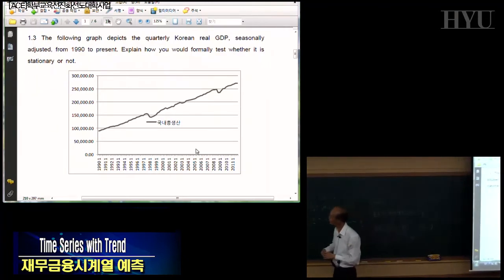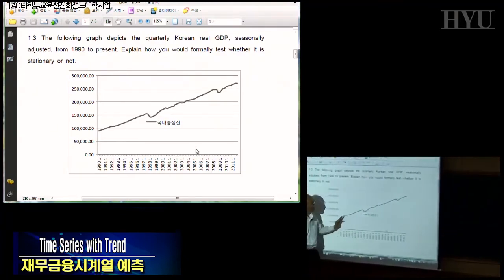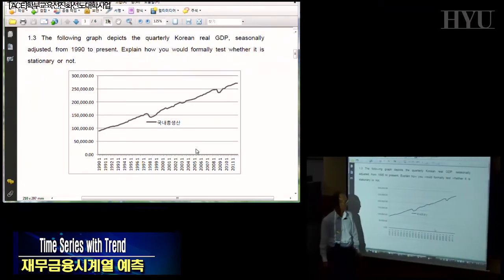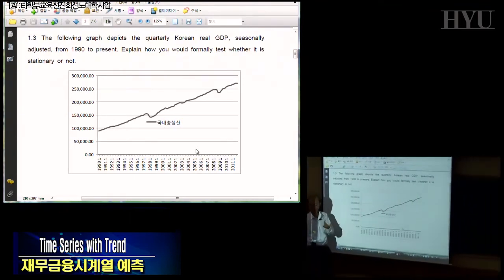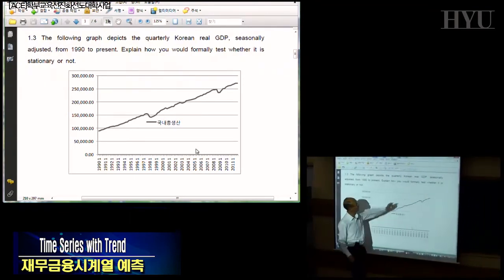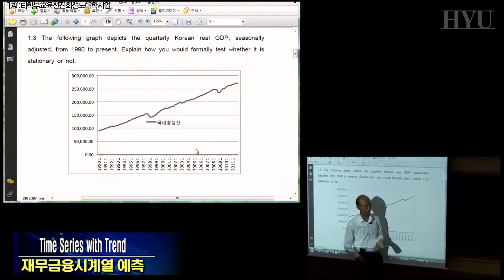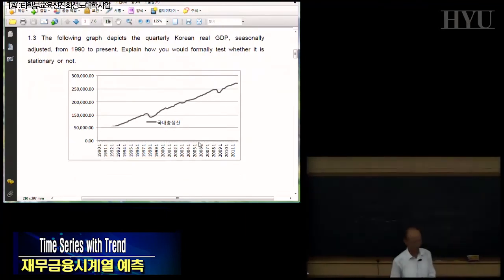Okay, this one is a little more general question. We can bring any kind of time series here, presumably containing one unit root, and ask the class to describe briefly how to test it formally.